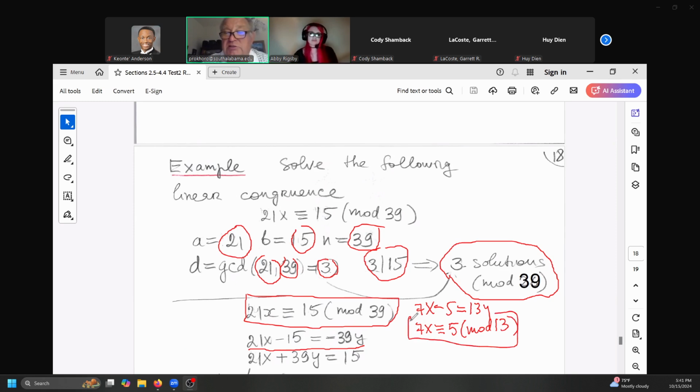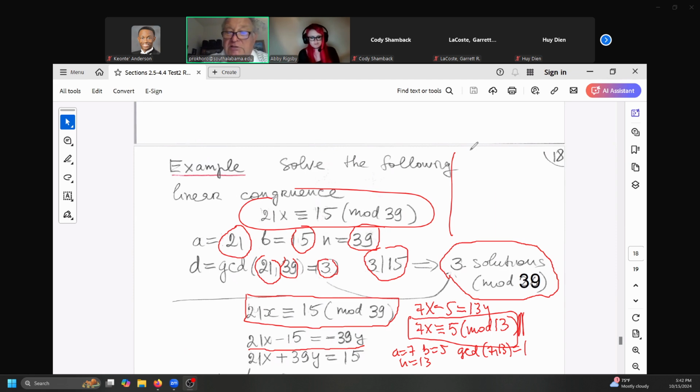So this means to solve the original equation modulo 39, we need to solve a different equation modulo 13. Okay, for this new equation, A equals 7, B equals 5, and N equals 13. Greatest common divisor of 7 and 13 equals 1. So for this new equation, D equals 1. So only one solution. So how to find this one solution?